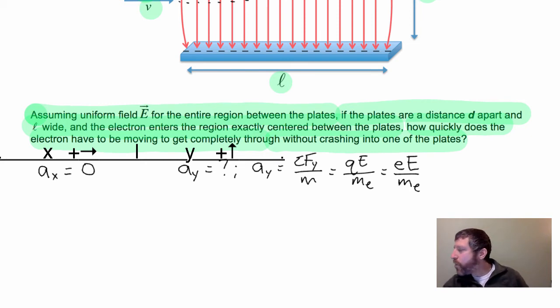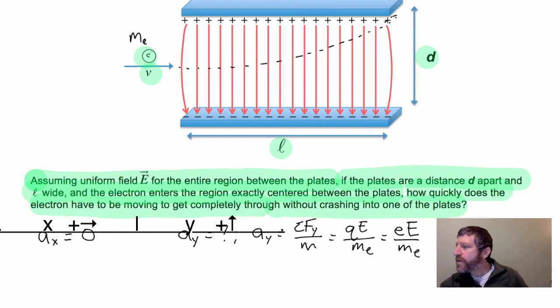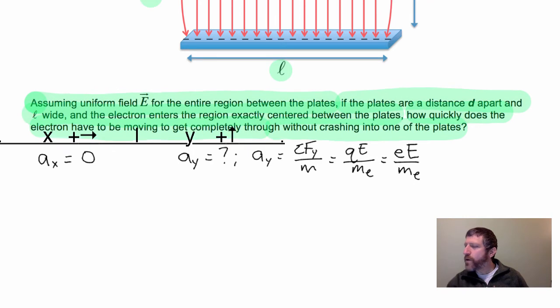So now, what else do we know? Well, we know that it's going to fall this distance right here, that it so-called falls, is d over 2. So let's go back to our x direction: delta x is just going to be equal to the length. It has to make it all the way through. Delta y is going to be d over 2.